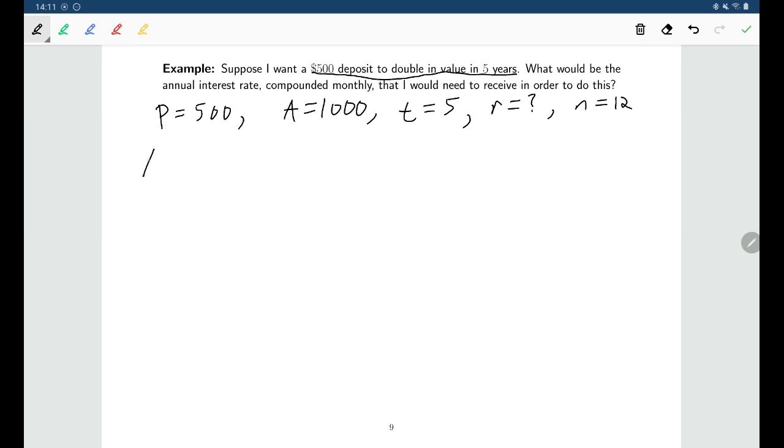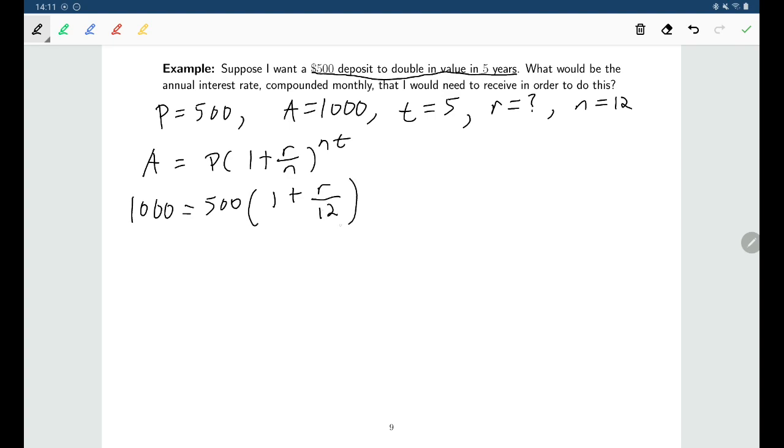We know that our final amount is our principal times 1 plus r over n to the power of n times t. And we'll put in what we have. Our final amount is 1,000. Our principal is 500. Our rate we don't know, but n happens to be 12. And then for that power, n times t, that's 5 times 12, that would be 60.